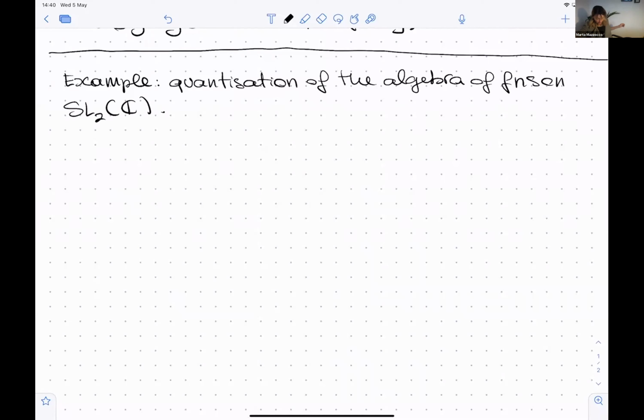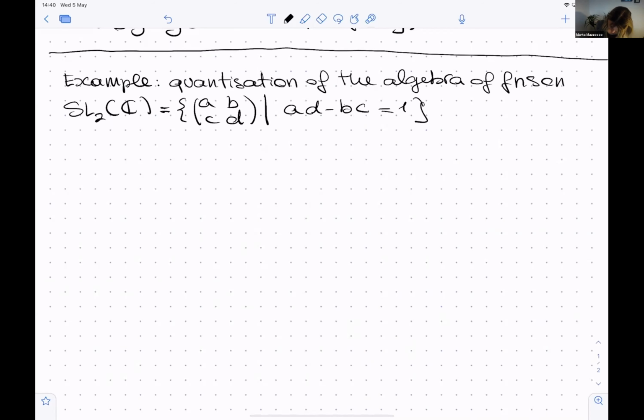So we think about representing this group on a two-dimensional vector space. So this may be the group of matrices A, B, C, D, such that AD minus BC is equal to 1.